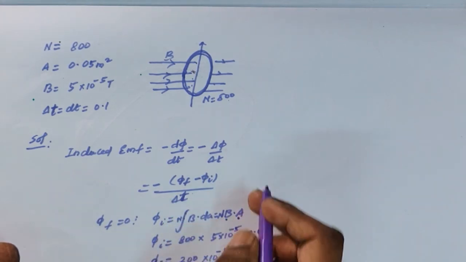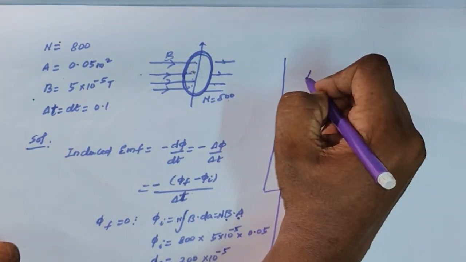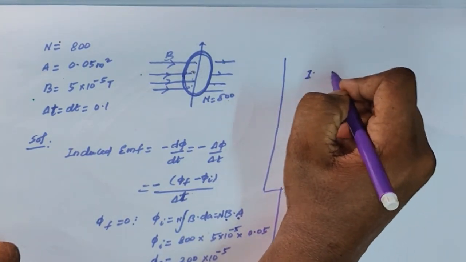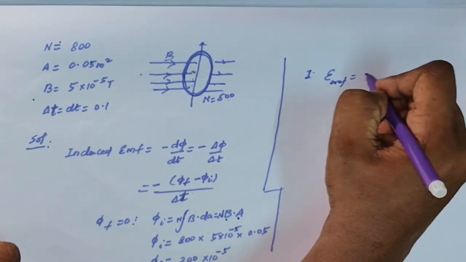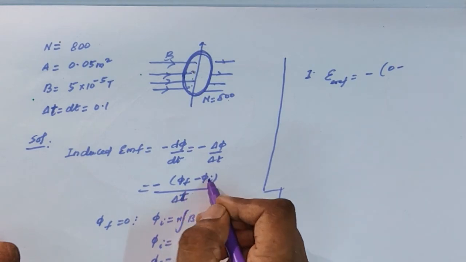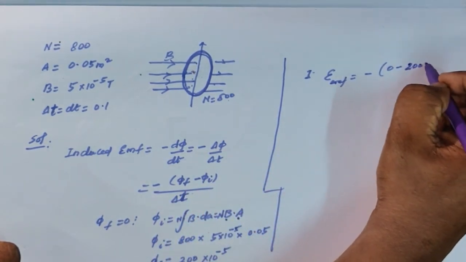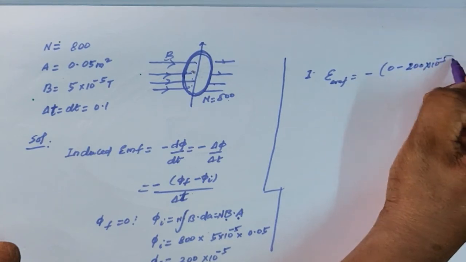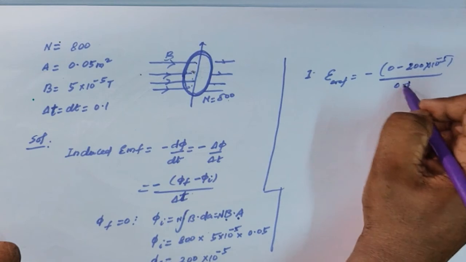Now we can substitute. Hence the induced EMF is equal to minus the final flux, which is 0, minus the initial flux we evaluated, 200 × 10^-5, divided by the change in time, equal to 0.1.